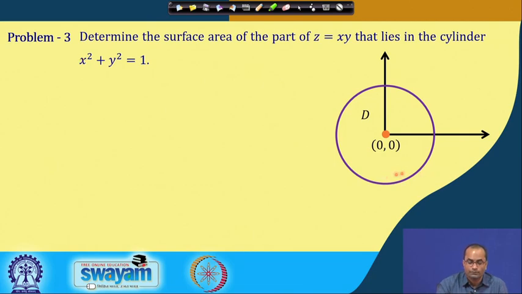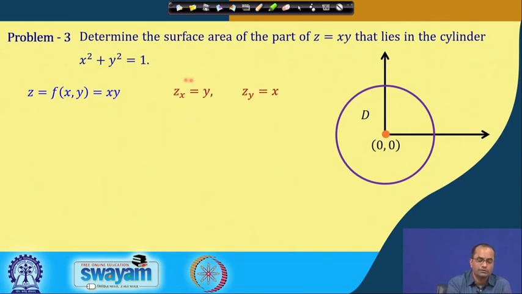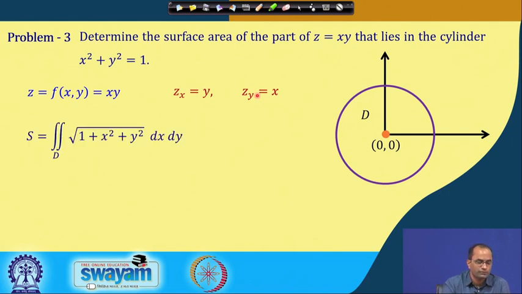So, that will be the projection here, and from z equal to xy we can get the partial derivative with respect to x and the partial derivative with respect to y, which are required in the formula for the computation. So, over this domain D, we have the square root of 1 plus z x square plus z y square, so 1 plus x square y square, with dx dy.